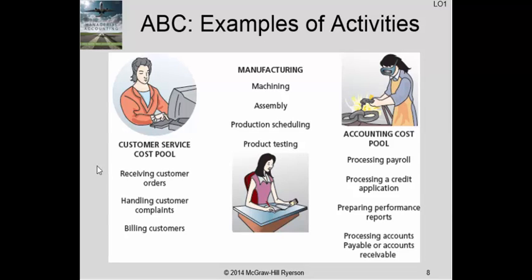So, kinds of activities. Customer service. So you may say, look, all costs associated with customer service, we're going to dump into the customer service cost pool, and then we're going to look at what's the most appropriate way to allocate these costs out. It might be receiving orders, it might be complaints, it might be invoicing your customers.